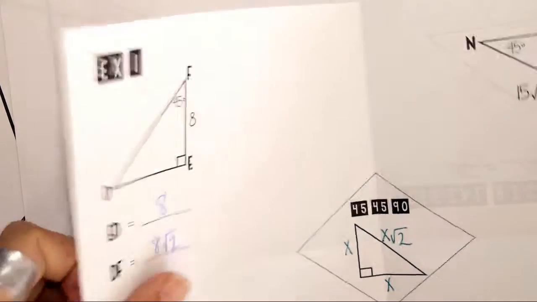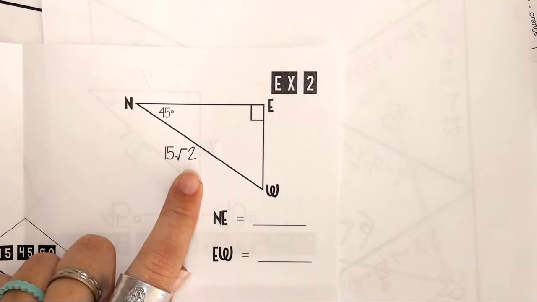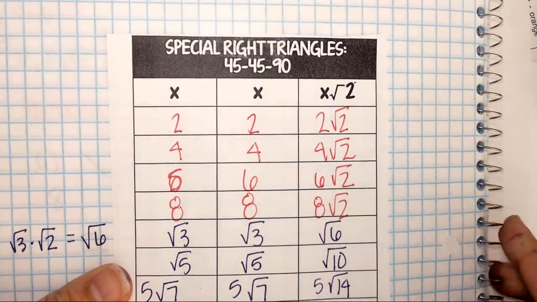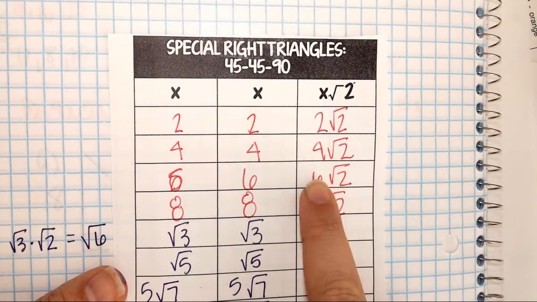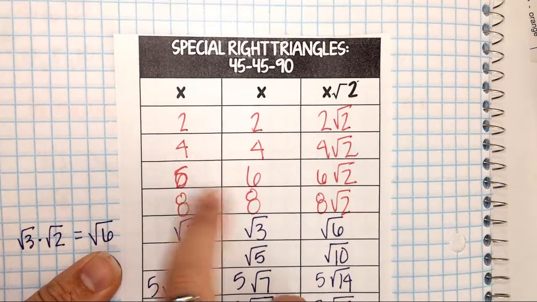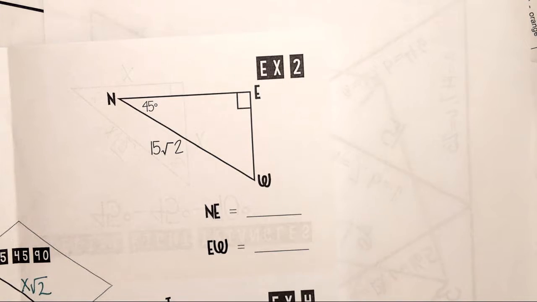All right, now let's look at example 2. This gives us our hypotenuse, and we just did one like that on our chart. Our hypotenuse is 15 root 2, so if this is 15 root 2, what are our legs going to be? 15 and 15.